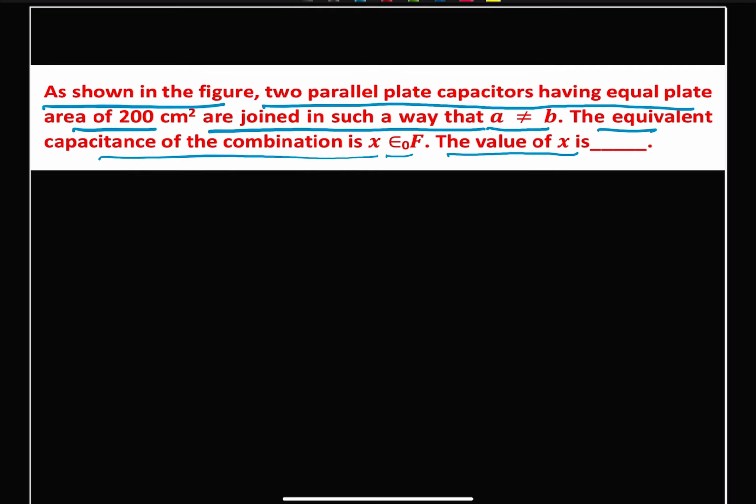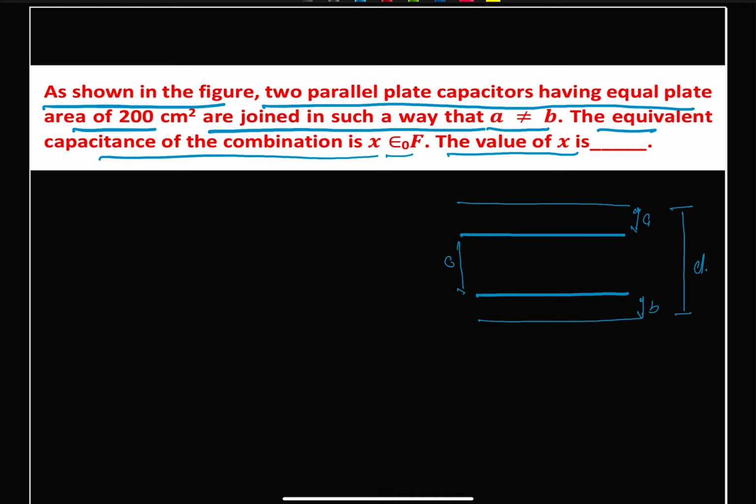So the basic figure is: this distance is A, this is B, this distance is given as D, and this distance is given as C, and these two plates are connected like this.